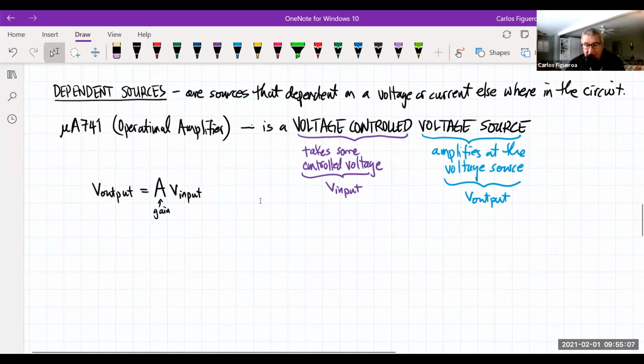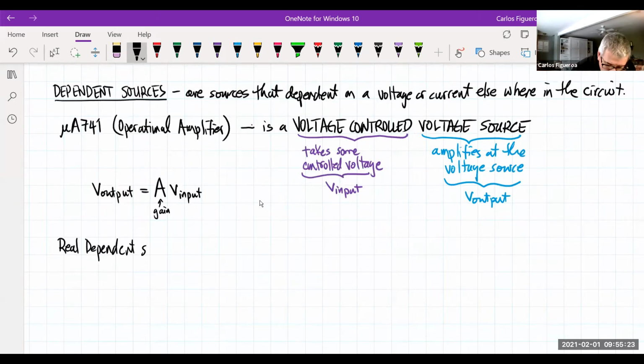And so what you're going to find here is that real dependent sources consist of two parts or two pieces, right? One has to be the controlling voltage, and the other one has to be the voltage source here.